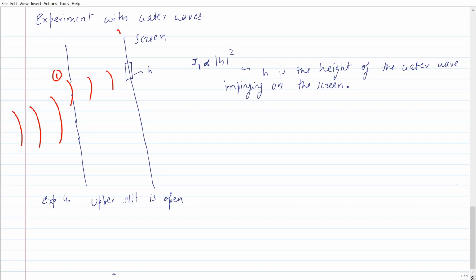Very good. So, what are the observations I can make?